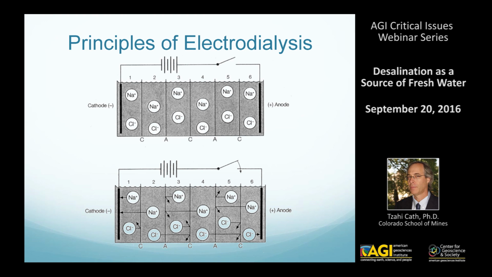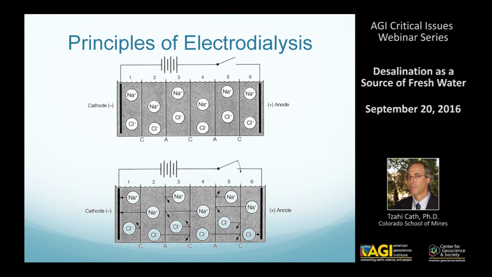It's called electrodialysis, where the two electrodes are separated by pairs of membranes. C stands for cation exchange membrane, and A stands for anion exchange membrane. And at the bottom you can see that the cation exchange membrane allows cations to go through, and the anion exchange membranes allow anions to go through.